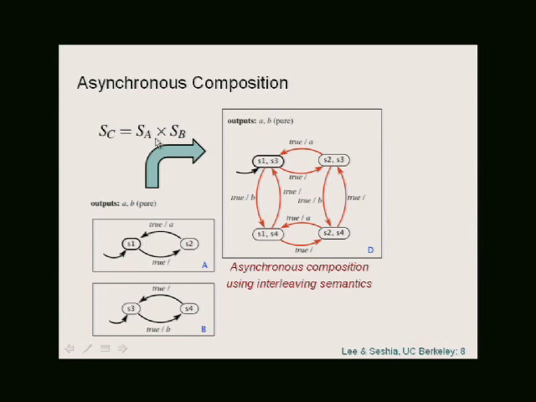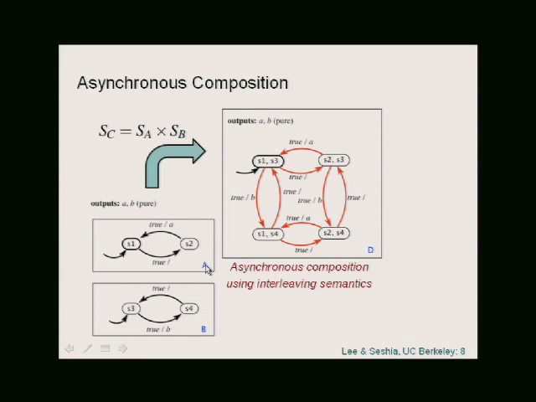From S1, S3, you can make a transition to S2, S3. So from S1, you go to S2. That transition is always enabled. But only A fired. B did not fire, so B is still sitting in state S2. Right? So that's one possibility.